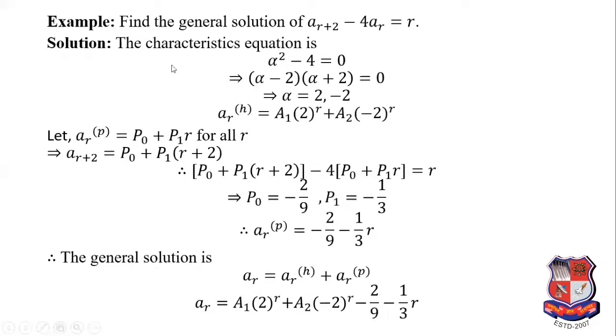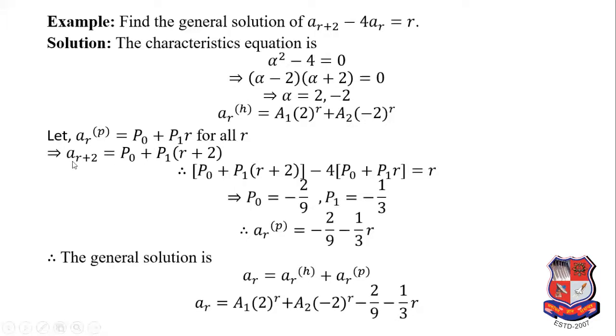Let's see the next example. This is also second order, and on the right hand side we have a linear function, that is r. Again, if you construct the characteristic equation, we'll get alpha square minus 4, so we get the roots as 2 and minus 2. So the homogeneous solution is a1 2 raised to r plus a2 minus 2 raised to r. As it's a linear function, we have to assume a_r^(P) is P0 plus P1 r for all r.